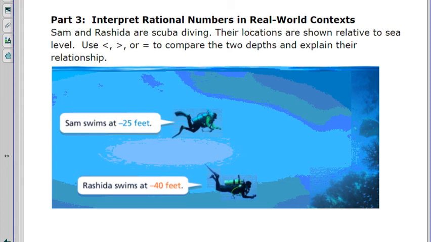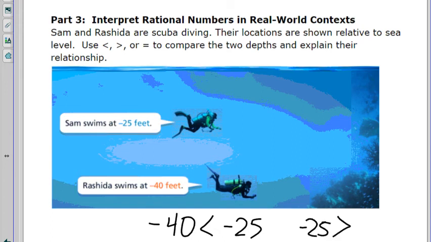And so we can see here that a -40 is less than a -25. Or you could say a negative 25 is greater than, remember the alligator eats the bigger number, a negative 40. So Rashida is more negative in elevation, although she swam deeper.